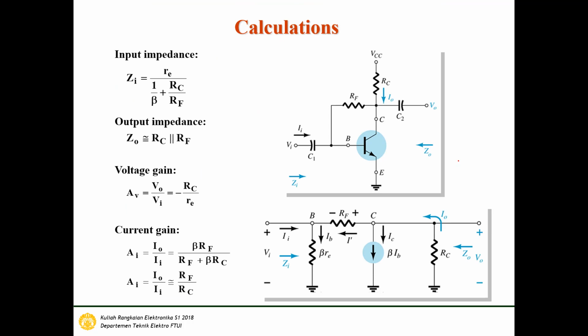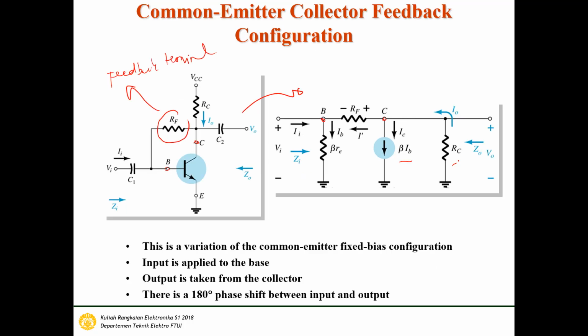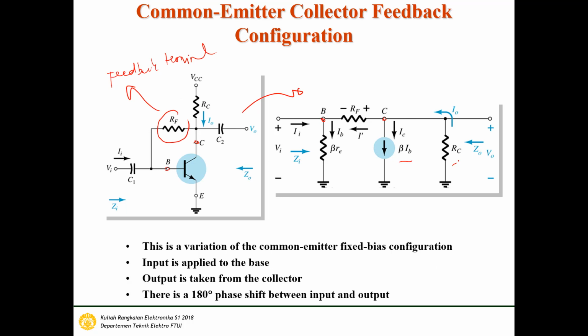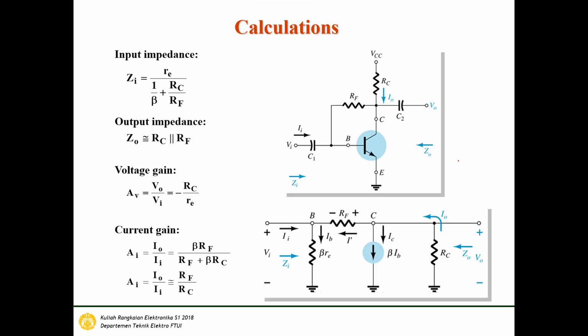So the input impedance is determined not only by beta RE, but we also have the feedback resistor. So the input impedance becomes small RE per 1 per beta plus RC per RF. And then the output impedance is determined by RC parallel to RF. And then the voltage gain AV is VO per VI, which is minus RC per RE.